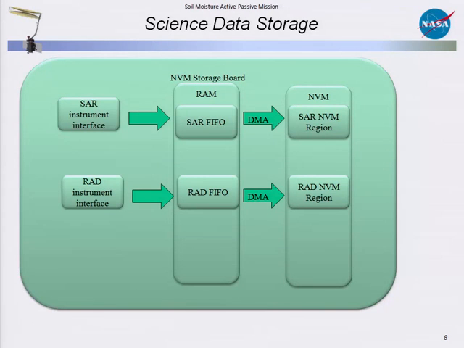And if we took a reboot at that point, the data is still there. They all have their separate regions, and all the data is moved within the board. That's the key point: the data has never left the board yet. It comes in from the instrument directly, and it stays within the board. So now we have it in their respective regions of non-volatile memory storage.